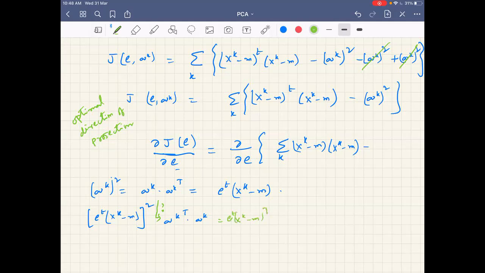You are able to see or not? Yes, sir, I can see. Yeah, you have to take the transpose inside, then E into E transpose you will get. Okay, E is an eigenvector, so you will get a diagonal matrix in between, and then (xk minus m) transpose into (xk minus m), E vanishes. So you can't differentiate with respect to E at all.